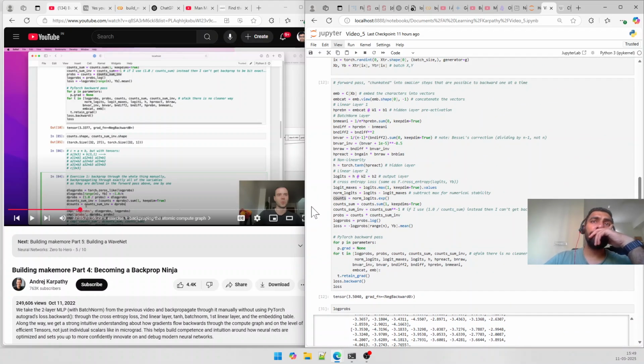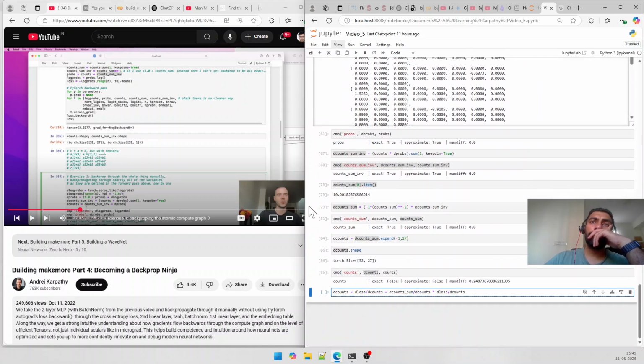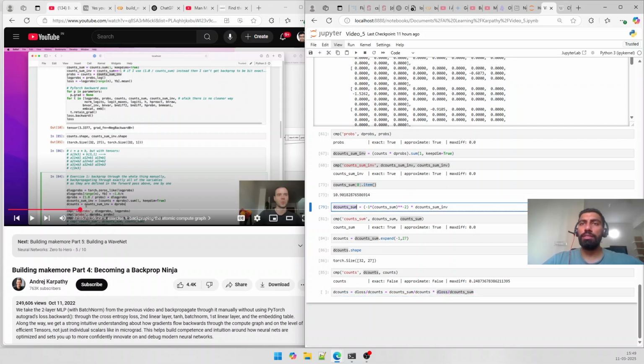Okay, sorry. Yeah. So impact of d counts on d sum, and we have already calculated the impact of d count sum on d loss. So this is already calculated. That is, yeah, this is already calculated here. So we need to calculate this part.